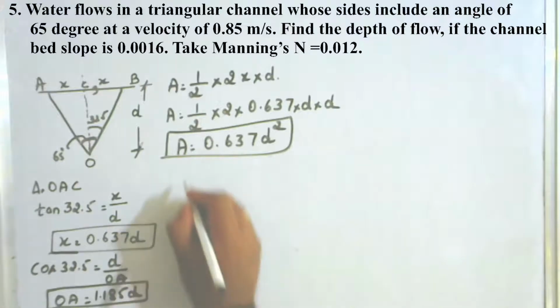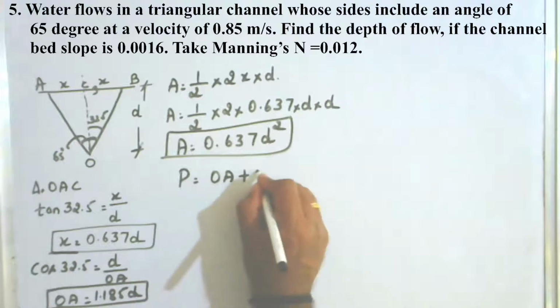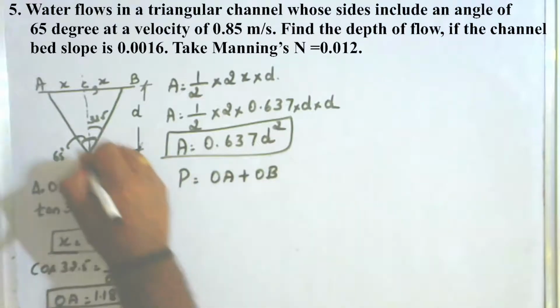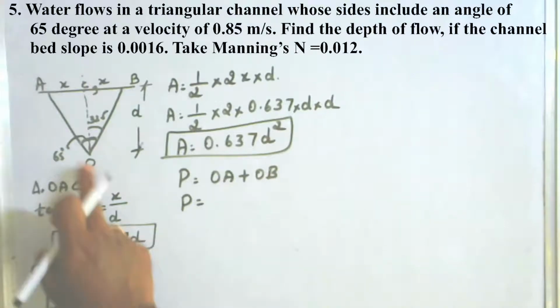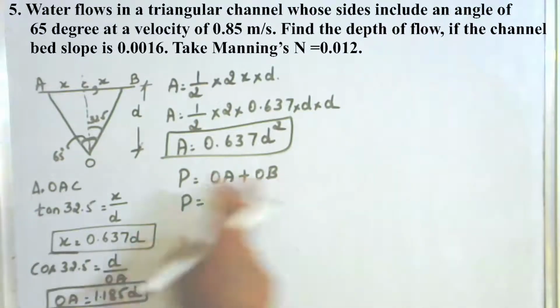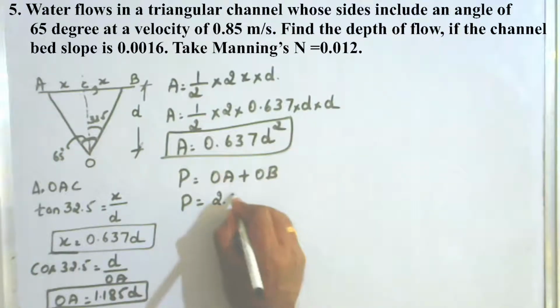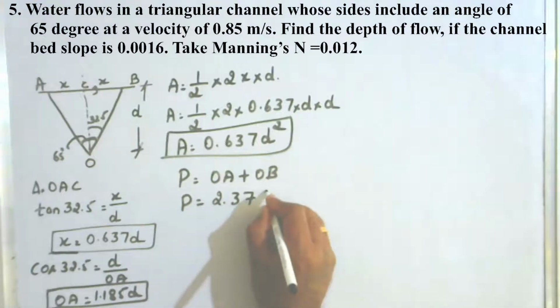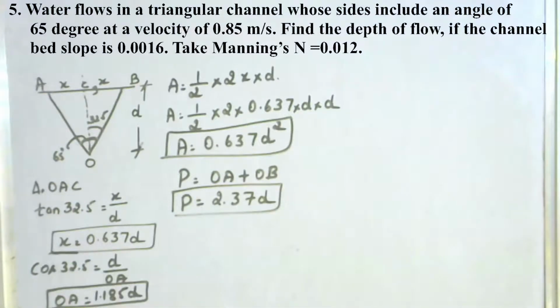Next, wetted perimeter P is equal to OA plus OB. You can look at the sketch. This is OA and OB, which is nothing but P is equal to, what is OA? 1.185D. OB is also the same. OA is equal to OB in case of this triangle. So P is equal to 2 times 1.185 D, which works out to be 2.37 times D. This is the wetted perimeter for the triangle here.